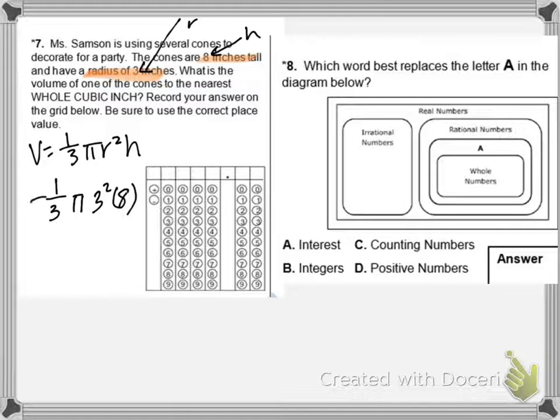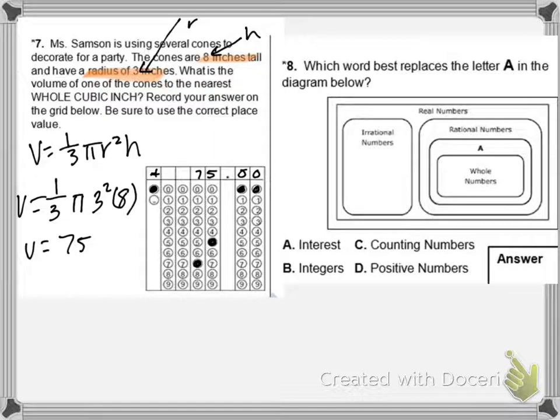When I do that, my volume rounded is going to be 75. So for this, we know it's positive, so I'm going to put positive 75, and then here we can put 7, 5, and that's it. You don't have to put the zeros. If you want, you can, but you don't have to.